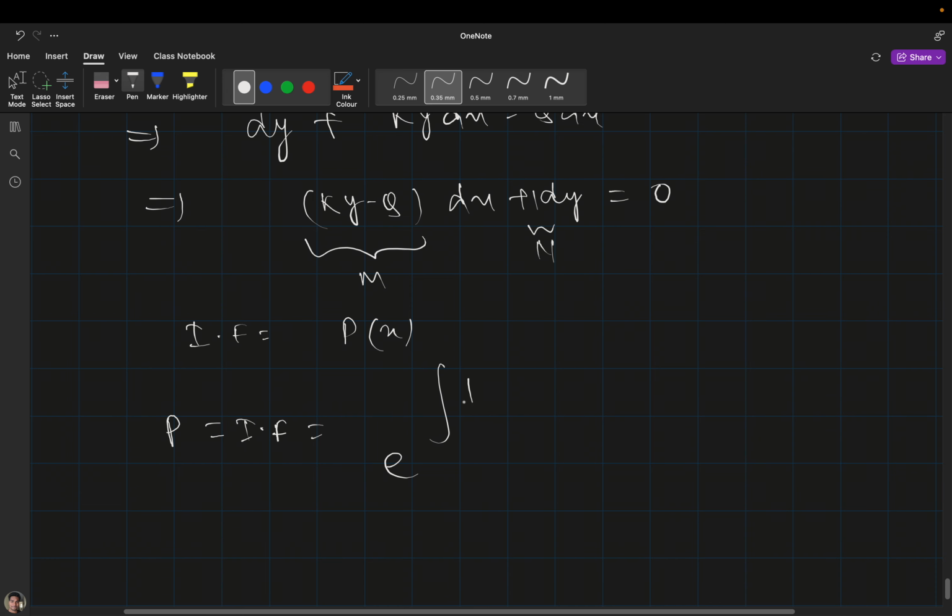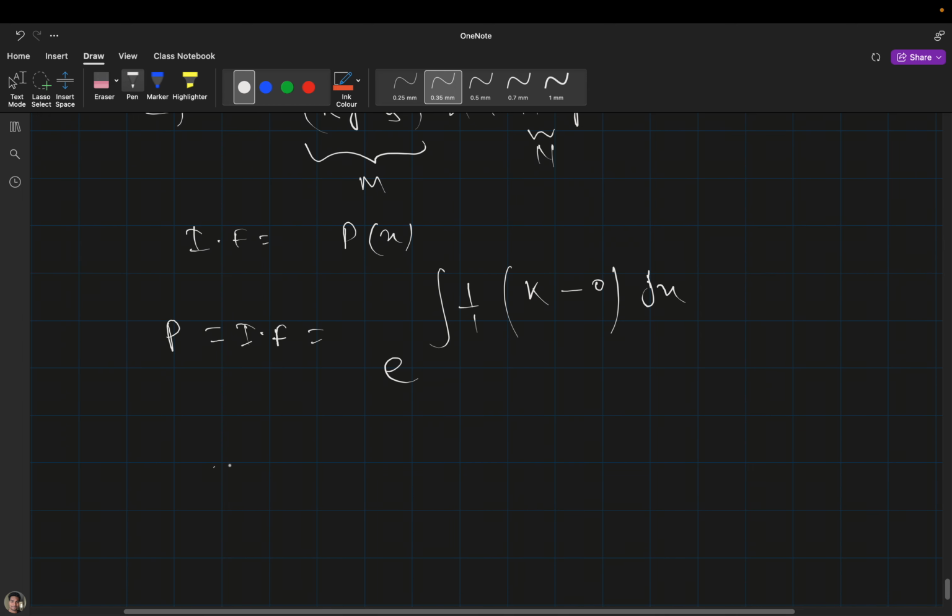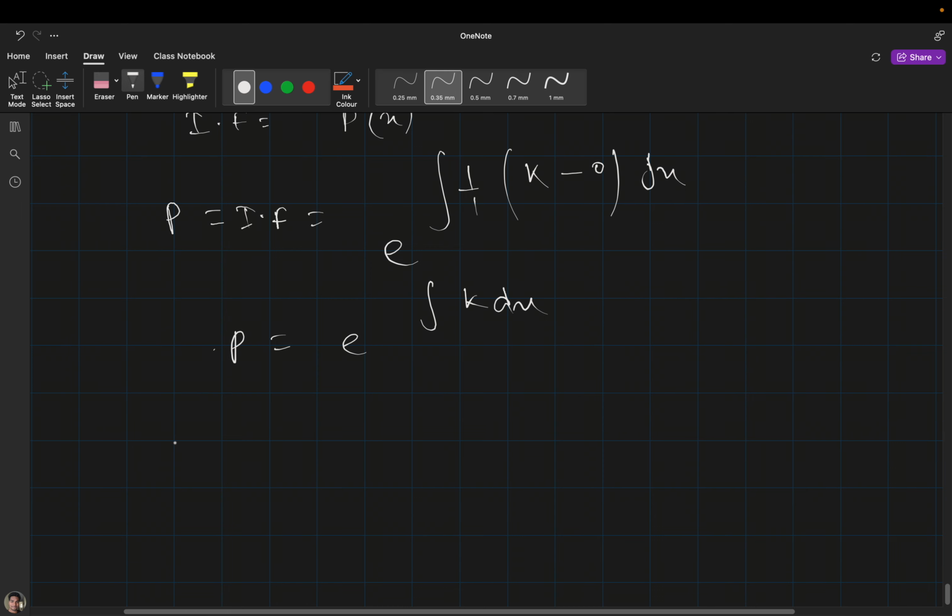So here 1 by n equals 1. Now del m by del y, you can see that it is k only, minus del n by del x, that will be 0. So P will be e raised to the power k dx. This is your integrating factor, it's very famous. Now everything is done, I have to write the solution.